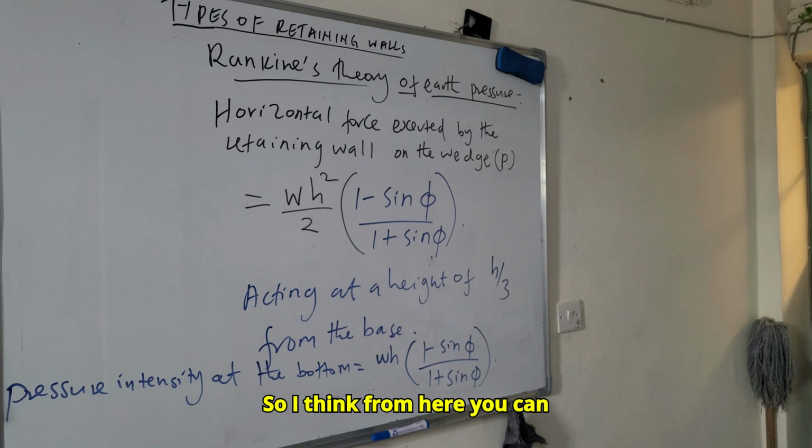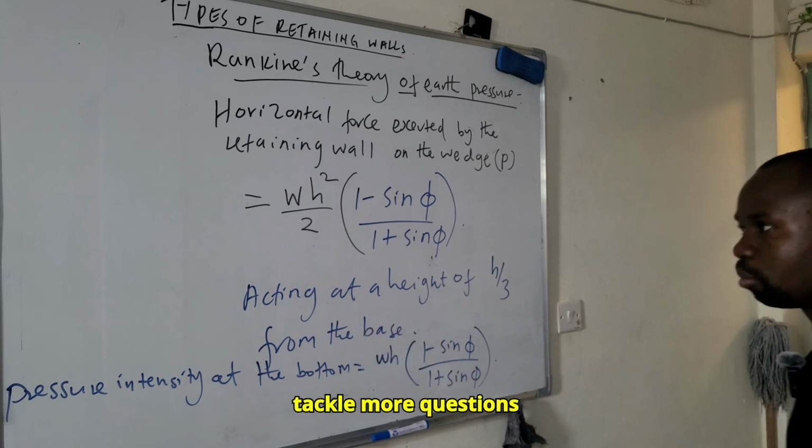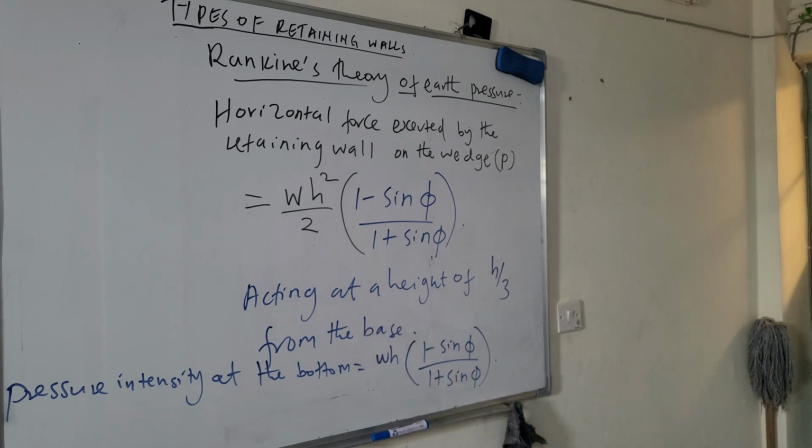From here you can tackle more questions concerning the stability of retaining walls, the stresses at the base of the retaining walls, and the calculation of the minimum bottom width of the retaining walls.